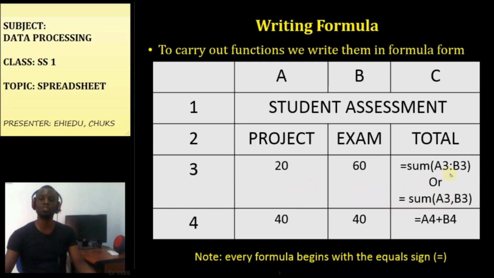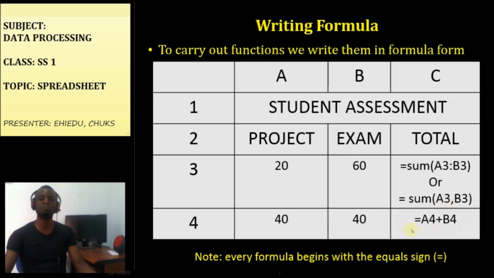Listen, I said if you're using colon, it means you want to sum 3, 20, 60, assuming 3 is one of our values, meaning you're going to have 3 plus 20 plus 60, which is 83. But if you're told to add just 3 and 60, you take the cell reference of this, put a comma, and then take the cell reference of this. So that's the difference between when you use a colon and when you use a comma.